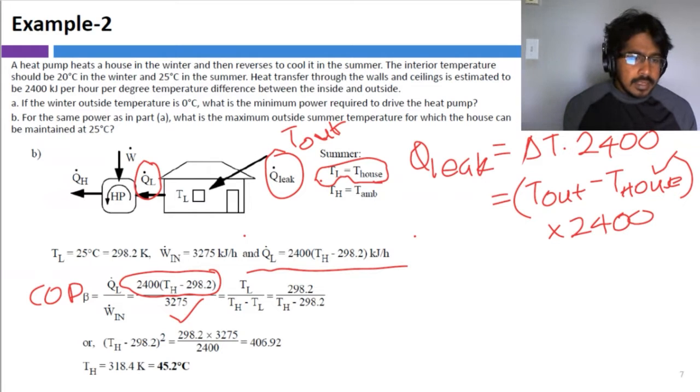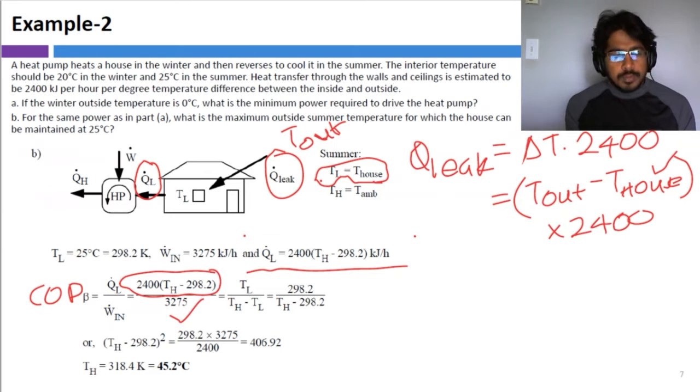And it asks what is the maximum outside summer temperature for which the house can be maintained at 25 Celsius, right? So this maximum outside temperature means the summer is getting more and more extreme, right? More heat leakage into the house. So if we have the best efficiency only, then we can go for the maximum load and give the maximum cooling effect.